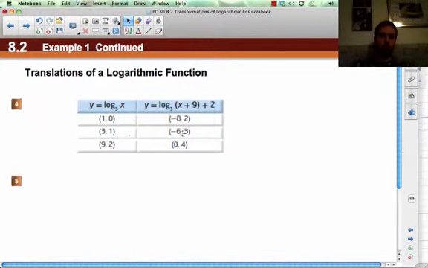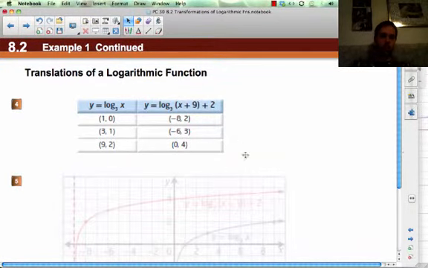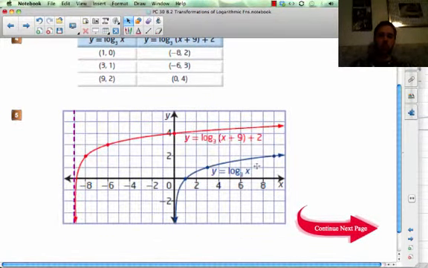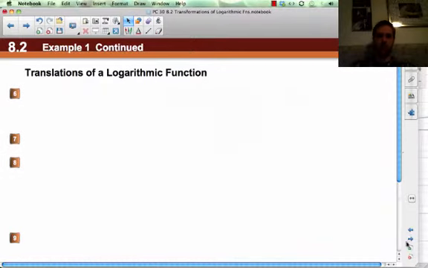So 1 plus 2 is 3. 1 minus 9 is minus 8. There are your new points for your new graph. If we plotted these 3 points on the original function, which are the same ones as here, these are the translated points. And that's what the graph of the new function looks like.